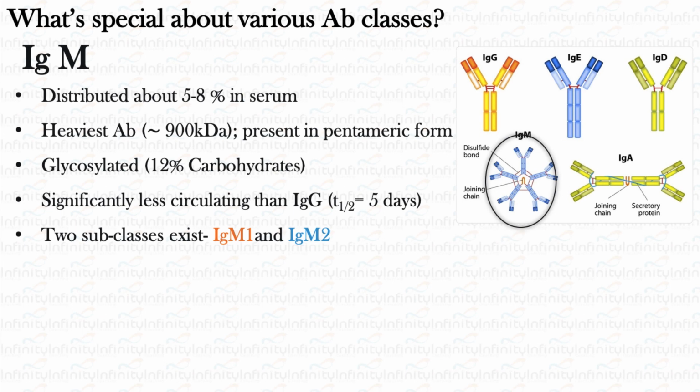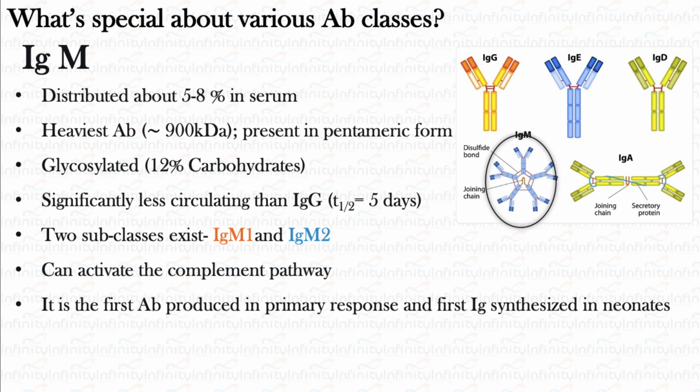And one of the most important aspects of IgM is that it can very efficiently activate the complement pathway. IgM is one of the first antibodies produced as a primary response to any antigen. So whenever an antigen comes to our body, IgM is the first antibody that is produced. It is also the first antibody that is synthesized in neonates.